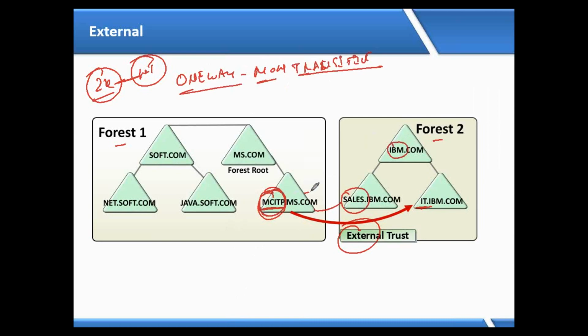He cannot log in. Manually, I have to configure one more trust. That means for each and every domain, individually we have to establish a trust, which is very complex. So Microsoft introduced one more trust in 2003, which is called forest trust. And this external trust is one way. It is a one-way trust.